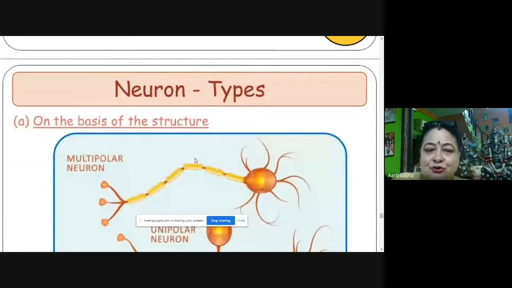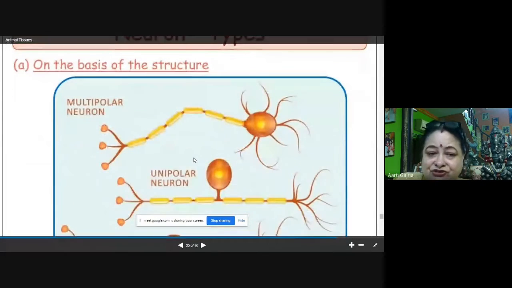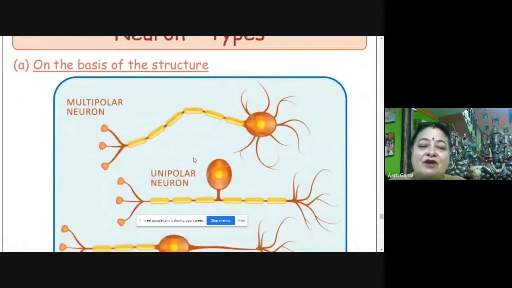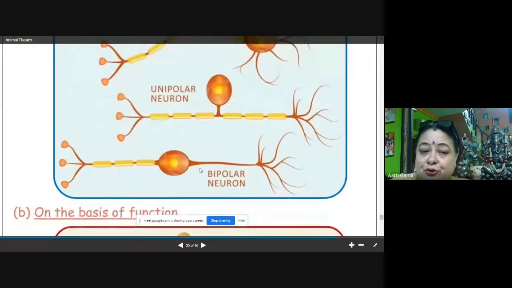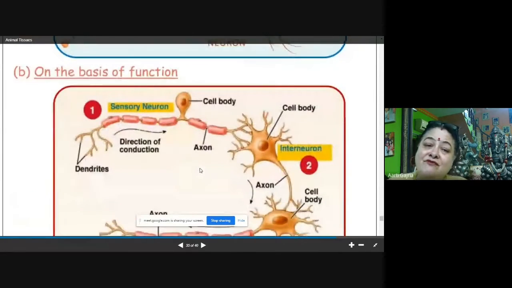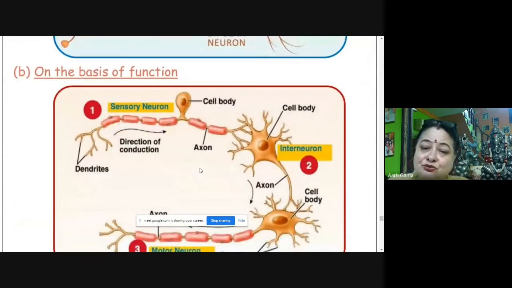As I told you, on the basis of the structure, the neurons can be defined into multipolar, unipolar, and bipolar neurons, and on the basis of their function, they can be divided into sensory and motor. Sensory neurons are the ones which are sensing something and then taking this to the cell body, and from the cell body the message is being transferred to the axon.